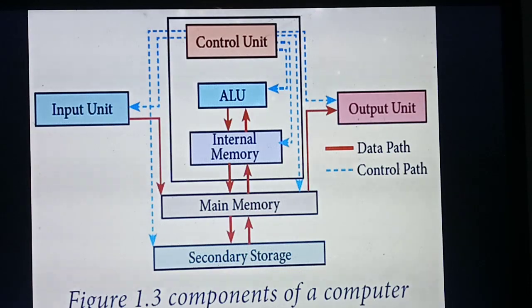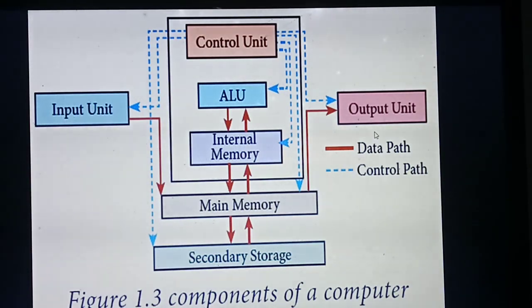In the input unit, you are giving input. After giving the input, the processing will be done by the CPU. Then after processing, you will get the proper output. In this CPU or processing unit, what things will be there? ALU, internal memory, main memory, secondary storage.